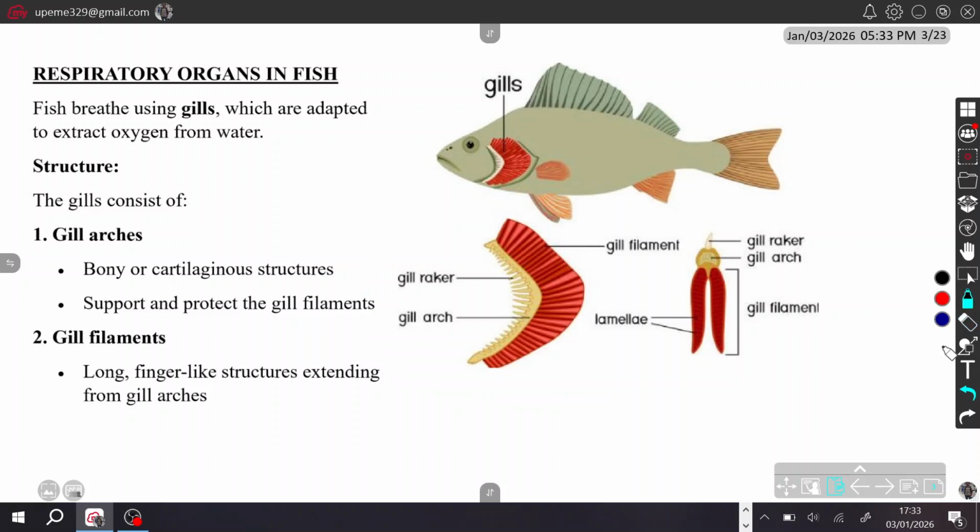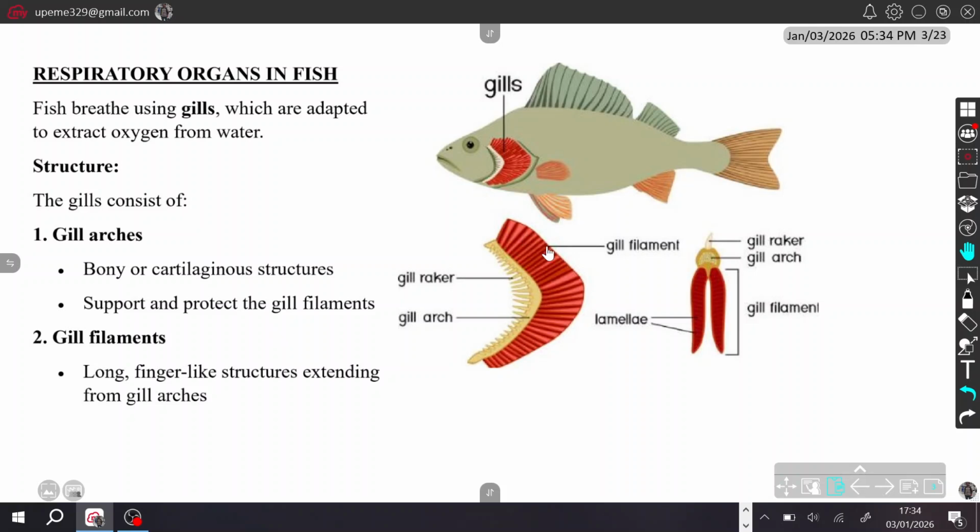Now this structure, which is a gill, has parts. The gill consists of the gill arc, which is this part here in the middle, not the gill rake, the gill arc. It supports first and then protects the gill filaments.